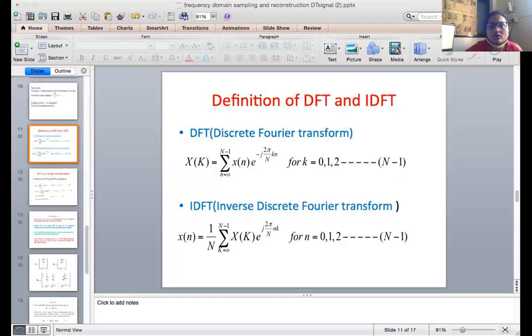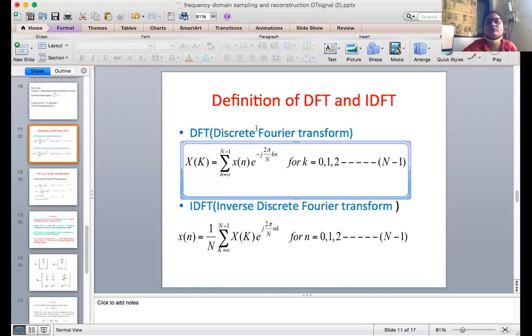In the last lecture, we studied frequency sampling and the derivation of the DFT formula. So let us talk about the discrete Fourier transform.